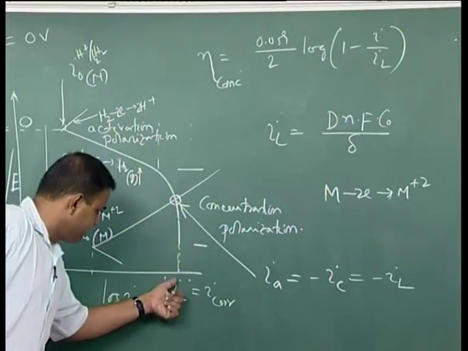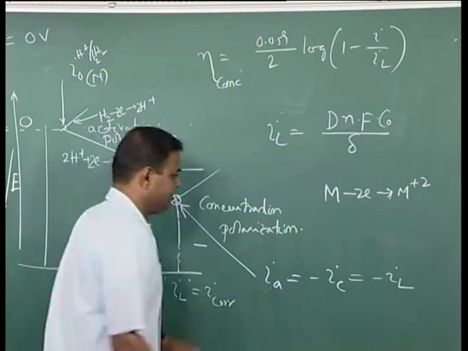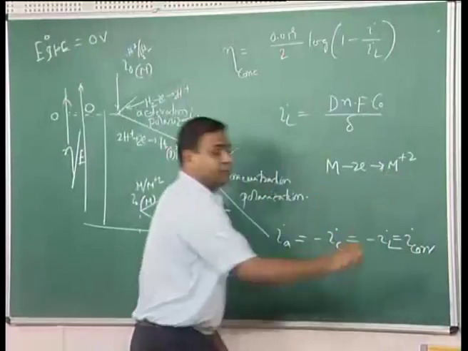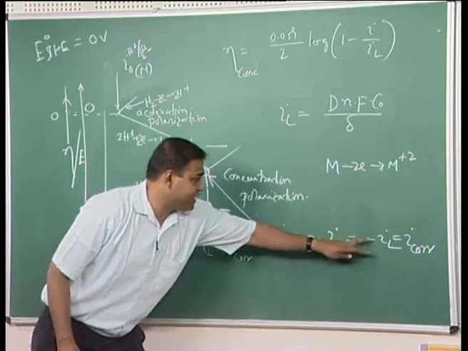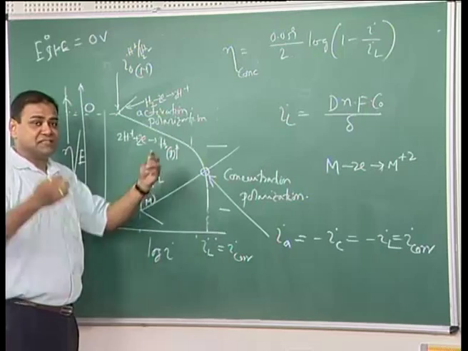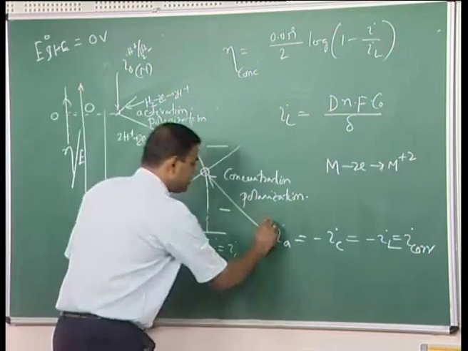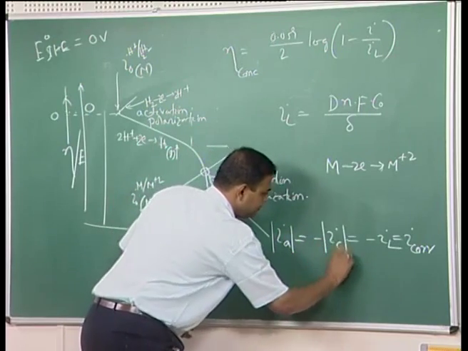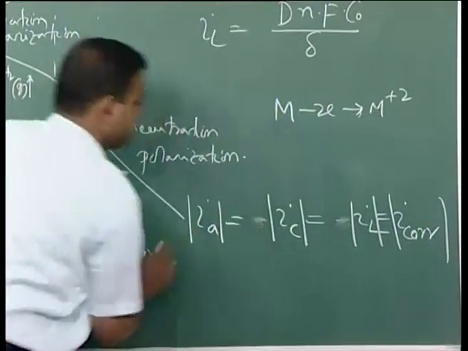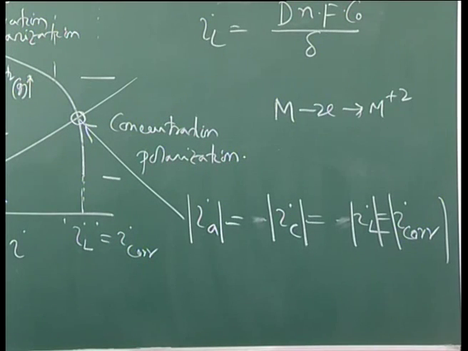And what is IA? It is nothing but I corr. This negative sign I am bringing in just to indicate that these two current densities are flowing in opposite directions. But magnitude-wise, all are the same. So, this is my new corrosion current density or new corrosion rate.